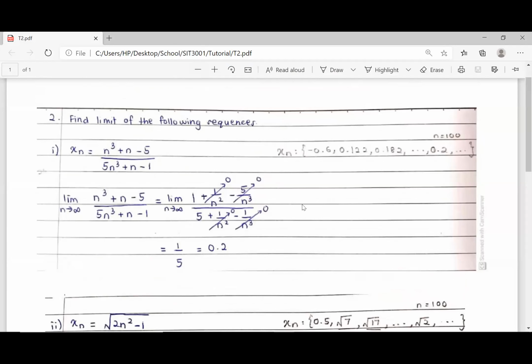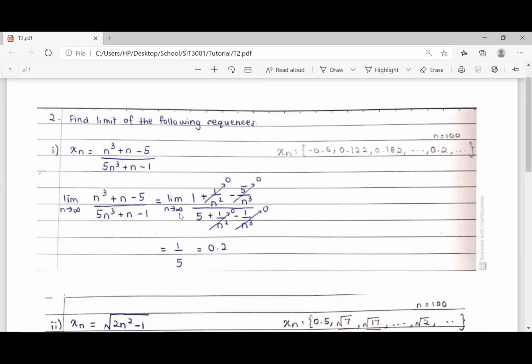So the second question is: find the limit of the following sequences. For number 1, this is the sequence, and we find the limit as n approaches infinity. What I do here is I divide each element by n cubed. You can also apply L'Hopital's rule here, because as n approaches infinity, this will be infinity over infinity.